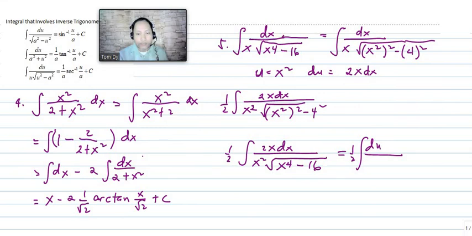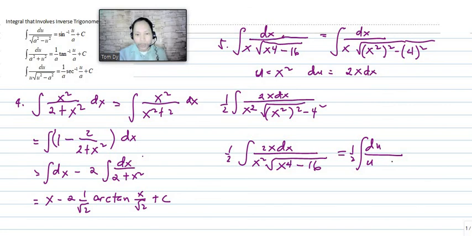So we have du over u, where u equals x squared.